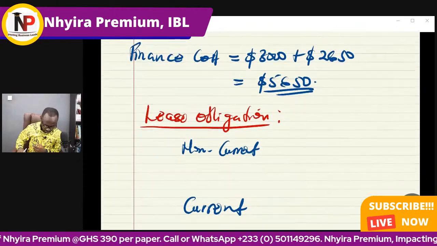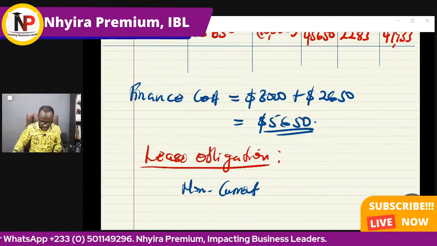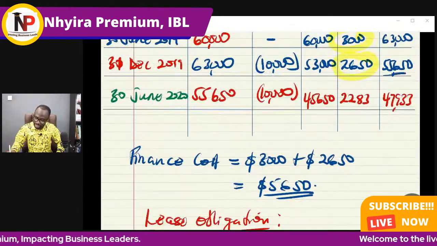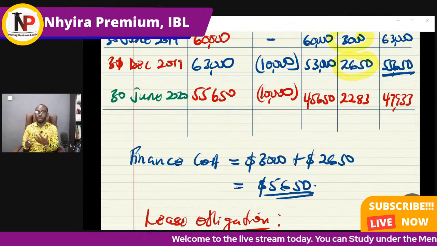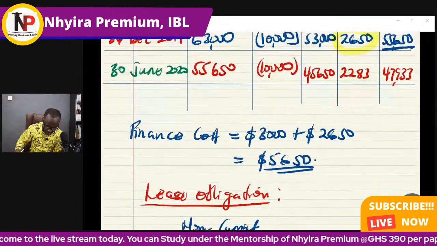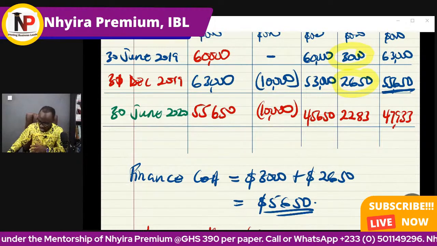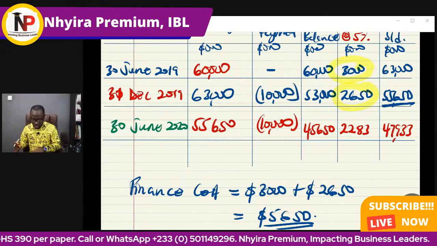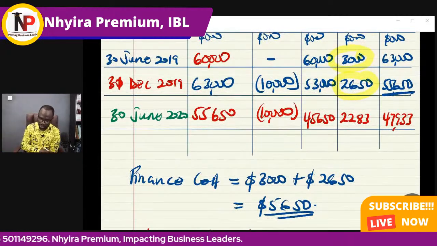In that case, what is going to be happening here is that we are going to say that this ending figure 55,650 is what we are going to be splitting between current and non-current. So the lease liability, which is the 55,650, must be split into current and non-current. So how do we get a current component? How do we get a non-current component?